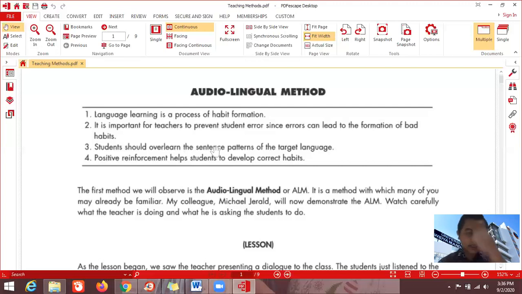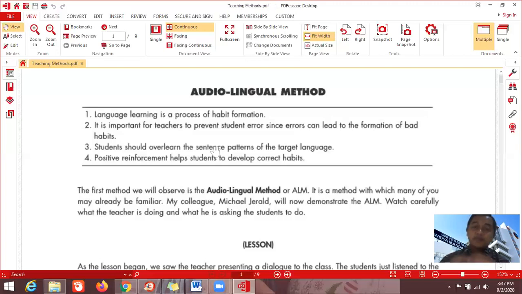In this case, we have the method and we have the technique. The technique that is commonly used for this method is PPP, or 3 P's: present, practice, and produce.